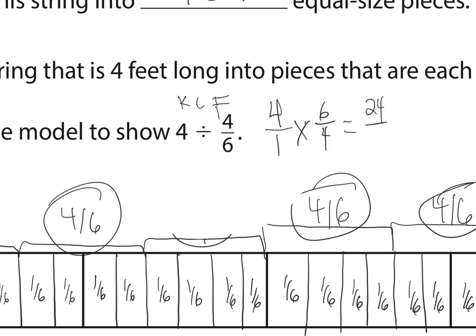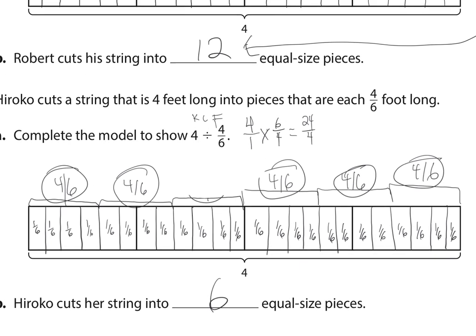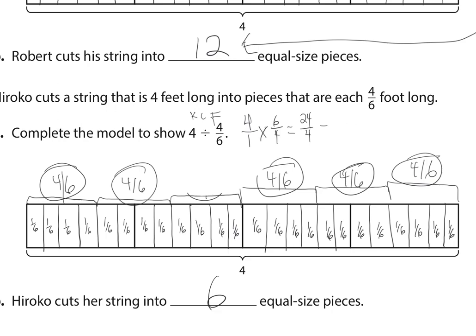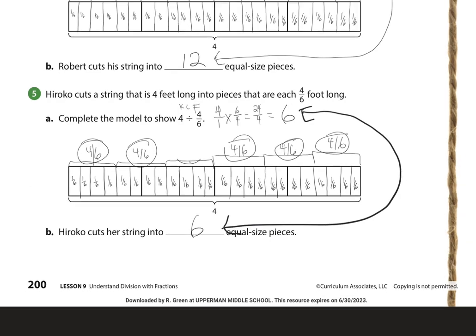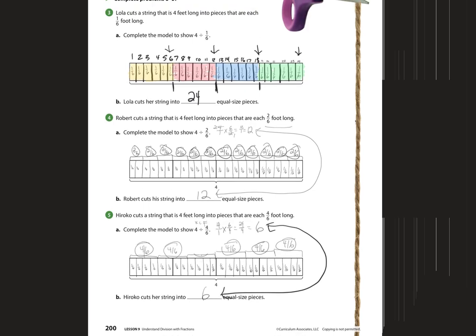Multiply straight across the top. Straight across the bottom, I get 24/4, which equals 6. And I can see that I did do the model correctly. And that is all that we're going to do today with this lesson.